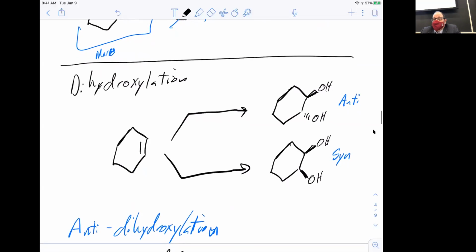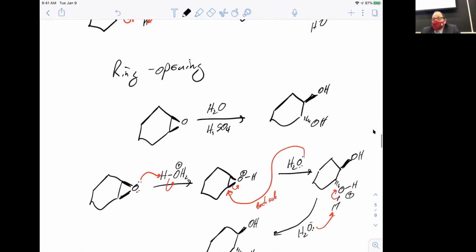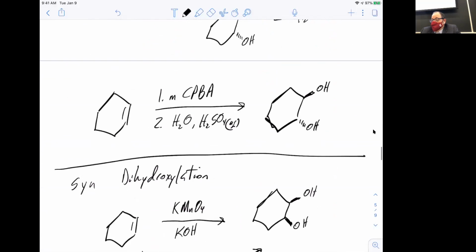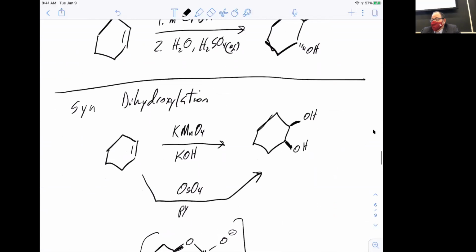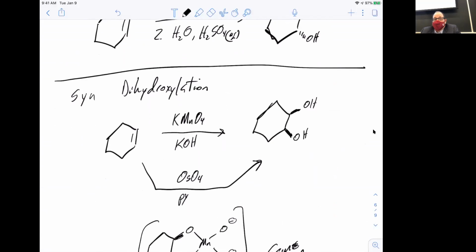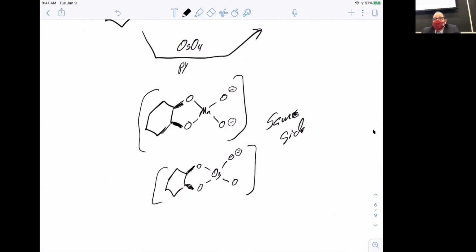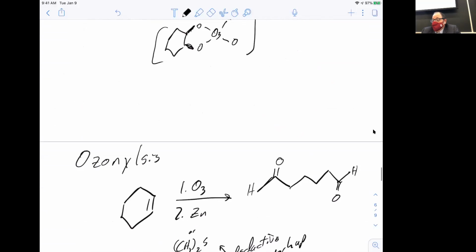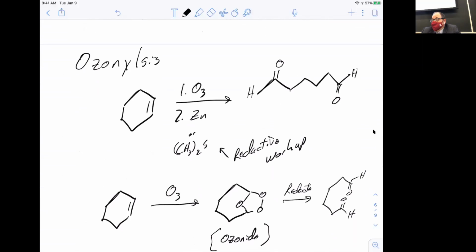Dihydroxylation, we have anti and syn. Anti is epoxidation followed by ring opening. Syn dihydroxylation is with potassium permanganate or osmium tetroxide. No mechanism necessary, but it is important to understand why it attacks the same side. Ozonolysis, we're adding ozone followed by a reductive workup.